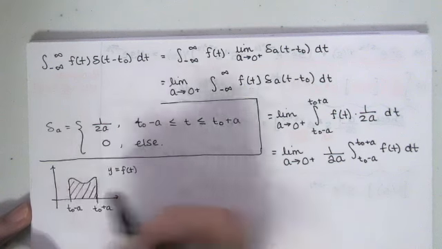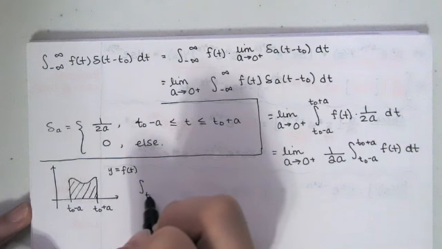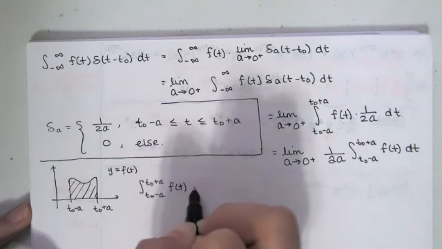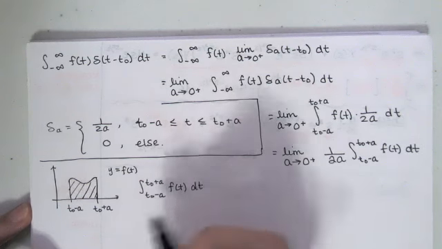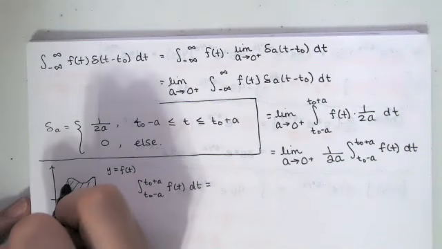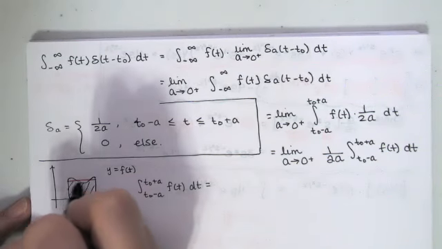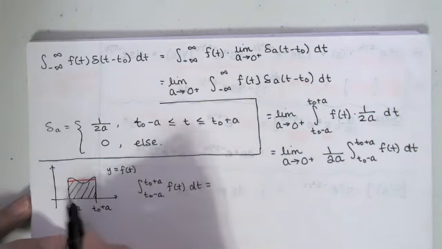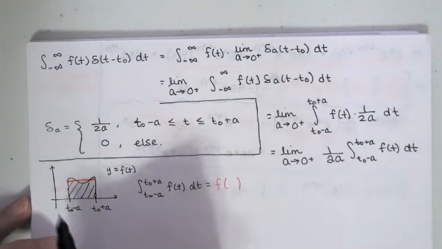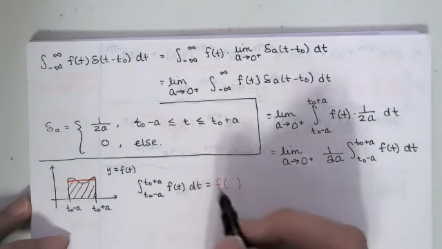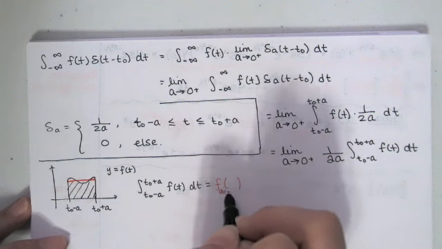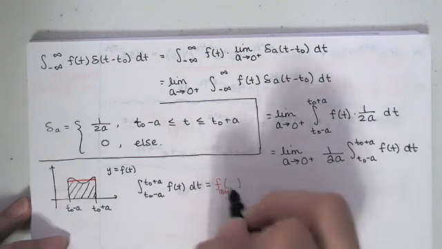Well, this area under the curve is represented by the integral from t naught minus a to t naught plus a of f of t dt. That's going to be equal to the average value of this function on this interval. And that average value is a value of f for at least one value of t in the interval.